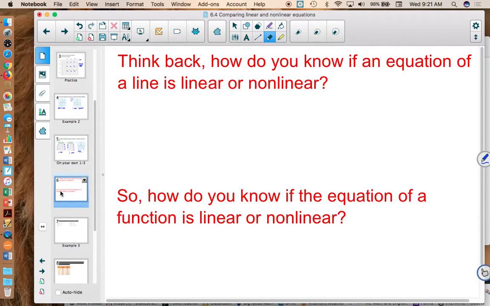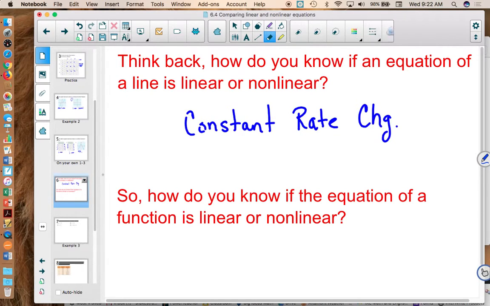All right, think back. How do you know if an equation of a line is linear or non-linear? It's the same thing. Constant rate of change. This is what I've been trying to get you guys to understand: what we did in chapter 5, which was our linear equations, is absolutely no different than linear functions.